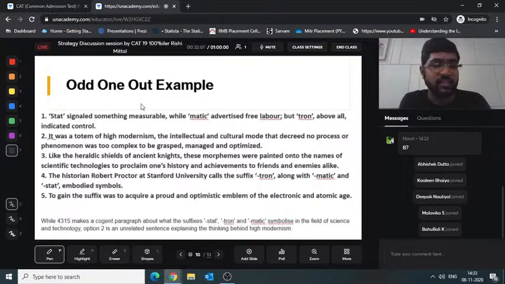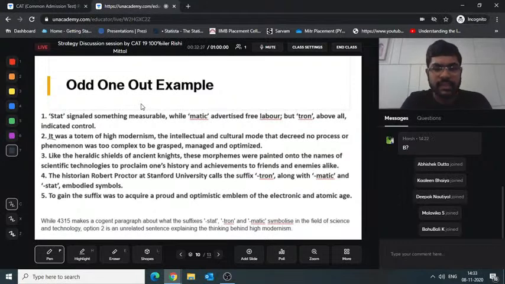Let's just break it down. The third sentence is: like the heraldic shields of ancient knights, these morphemes were painted onto the names of scientific technologies to proclaim one's history and achievements to friends and enemies alike.